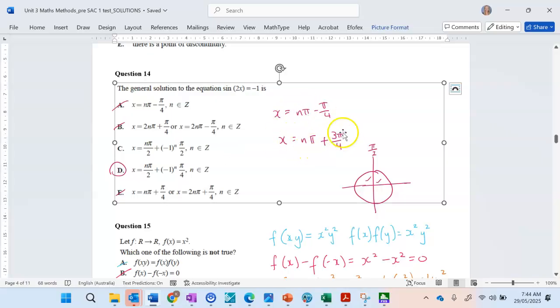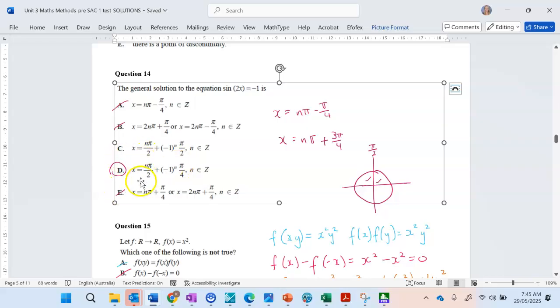So I've got the general solution here, what I got from the calculator, and I could see it's not one of those options. So it's definitely not the first one because it's only given us one part of it, not the other. Part B, so we've got the 2n pi plus pi on 4, which brings us into the first quadrant, but the second part brings us into the fourth quadrant. So there's no solution in the fourth quadrant, so it can't be B.